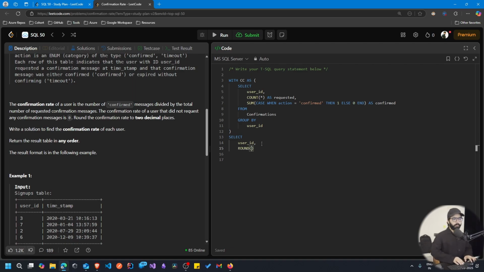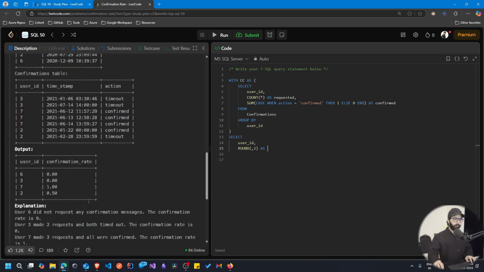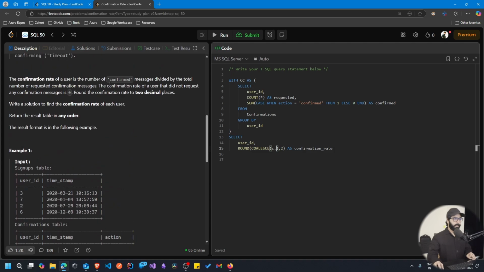Let me complete the structure first. But this should be my confirmation rate. Now here we have to do some exception handling, like handling null values, and the formula was confirmation rate is confirmed divided by requested.